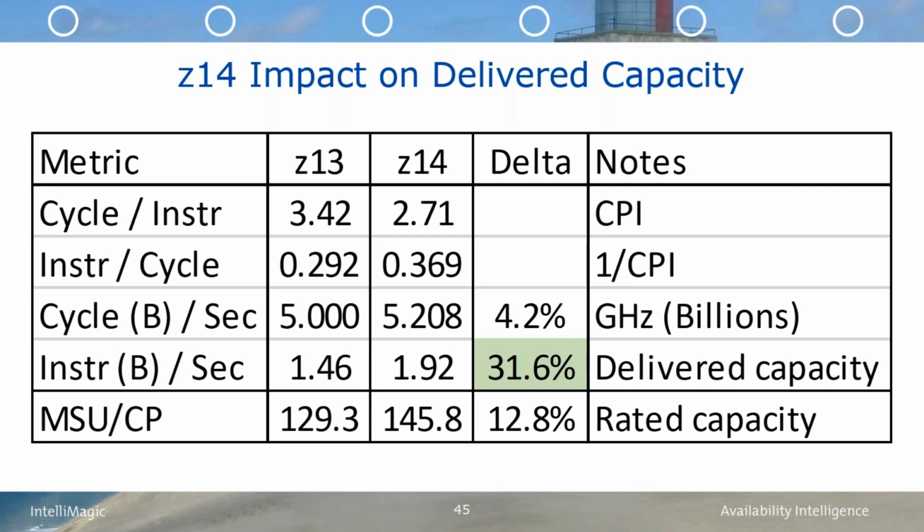So converting that into a number of business instructions being executed per second, here in billions, represents a 31% increase in delivered capacity. The difference in the rated capacities, MSUs per CP, of the Z13 and Z14 processor models deployed here was approximately 13%. So this site is experiencing a much bigger lift in delivered capacity from the Z13 to the Z14 than would be anticipated by the processor rating.